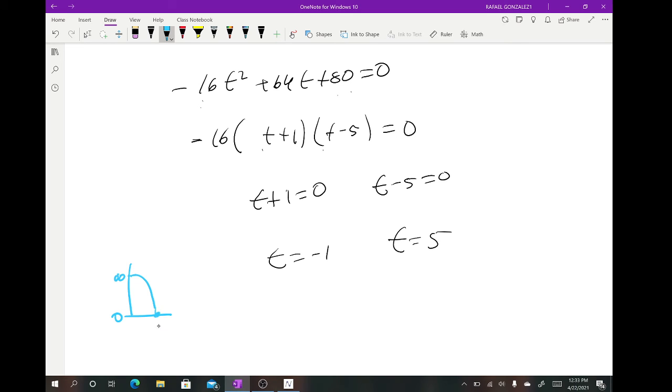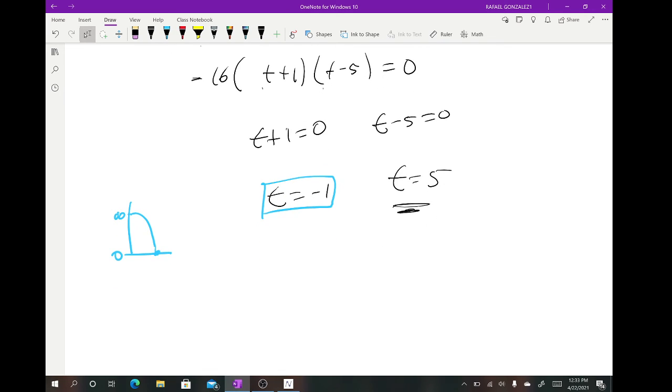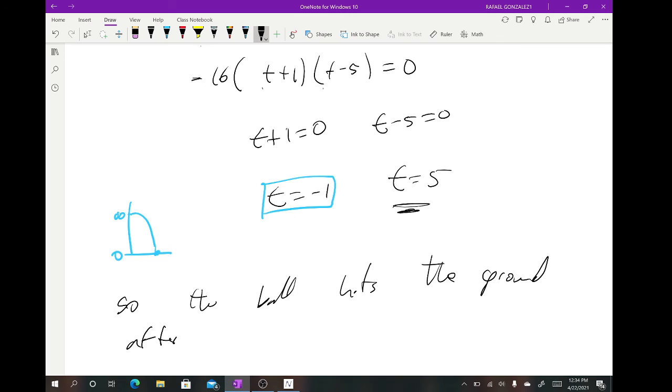You cannot go lower than this unless you make a hole in the ground. So this answer, we do not care about. The correct answer will be t equals 5. So we can say that the ball hits the ground after 5 seconds. Remember, t was time in terms of seconds.